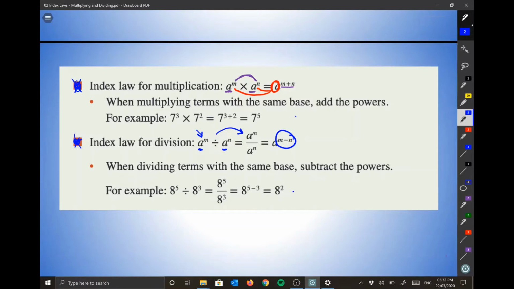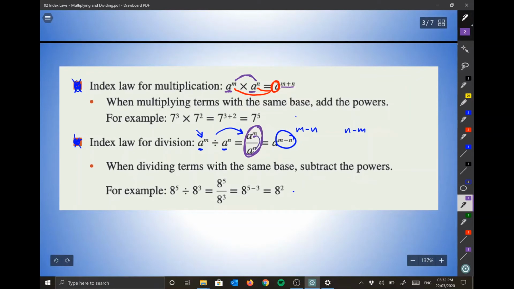Write it with a fraction, and it will be much easier to not make the mistake of, instead of writing m minus n, you might write n minus m. If you put it into this form, it's very easy to recognize that it's the top number minus the bottom number.